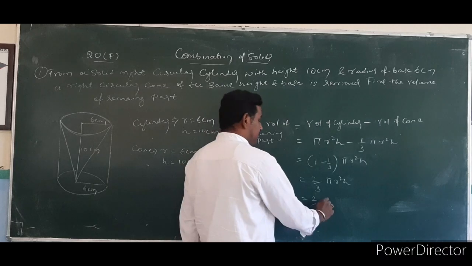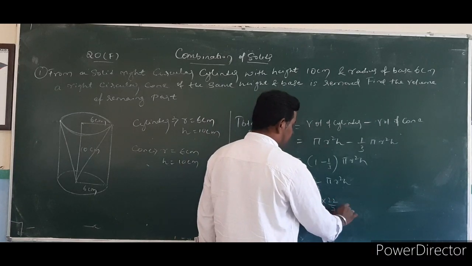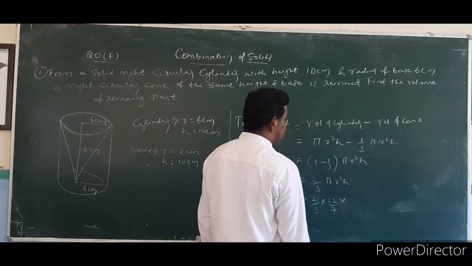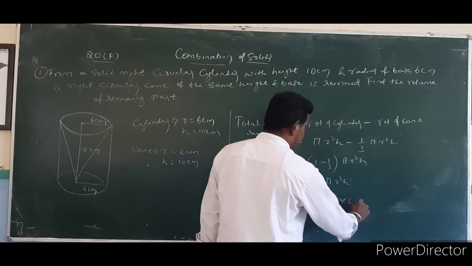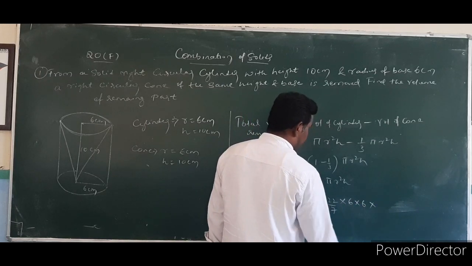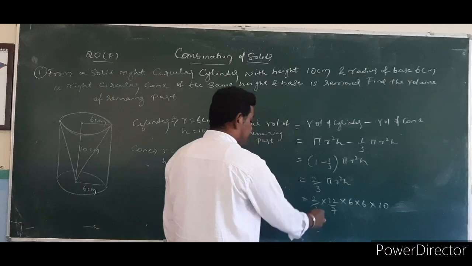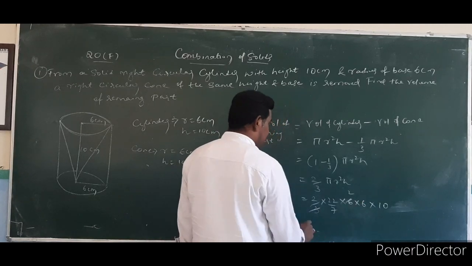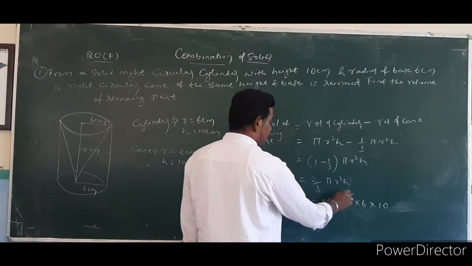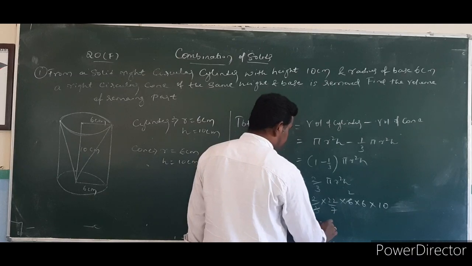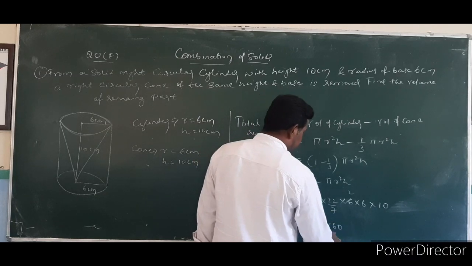So 2 by 3, pi value is 22 by 7, r value is 6 into 6, into height value is 10. 3 ones are 3, 3 twos are 6, 2 twos are 44, 44 twos are 88, 60 by 7.